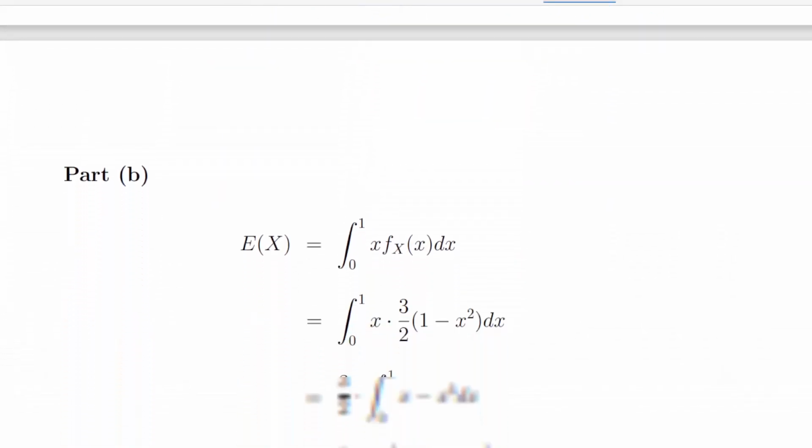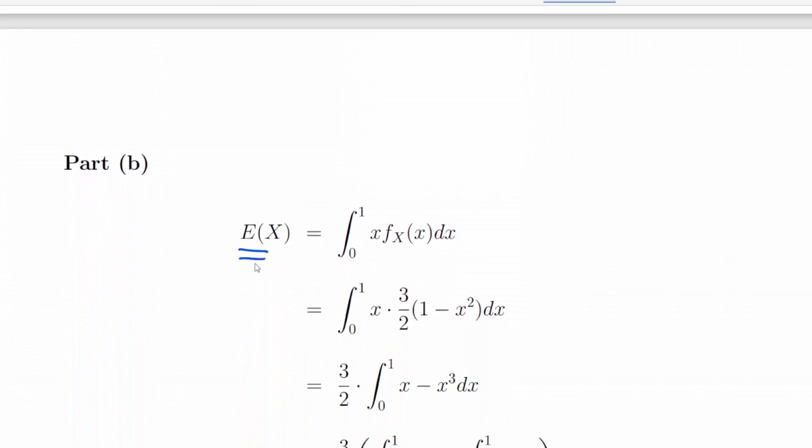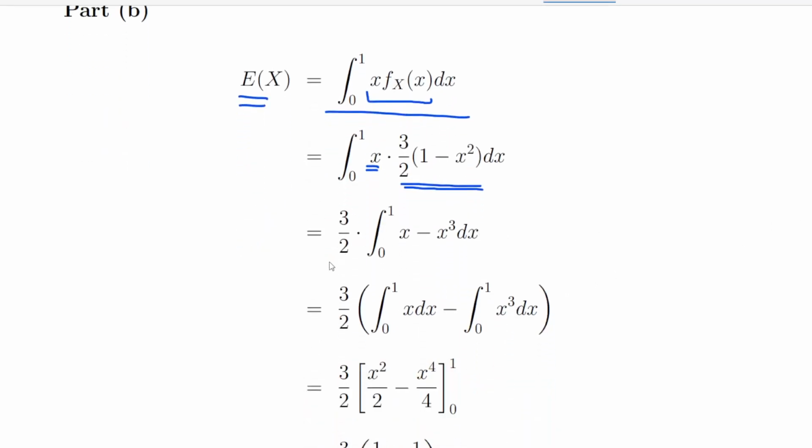Moving on, what we have to do now is calculate the expected value of x. A very similar approach here, but rather than integrating the probability density function, we integrate x times the probability density function. So we have x times our probability density function as defined previously. I could take 3 over 2 out of the integral and keep it as a constant up the front.